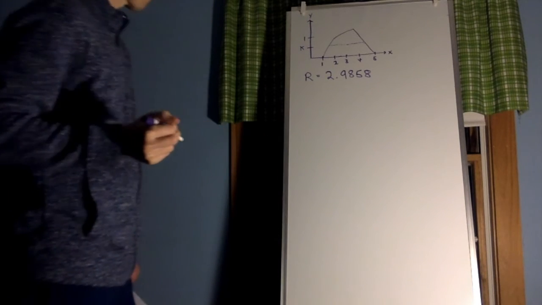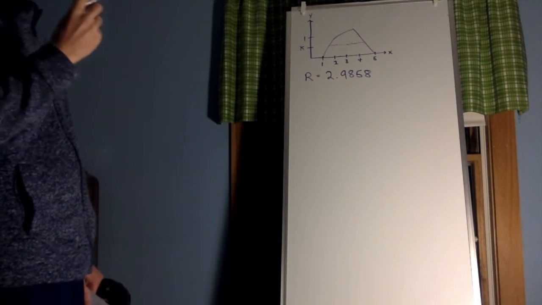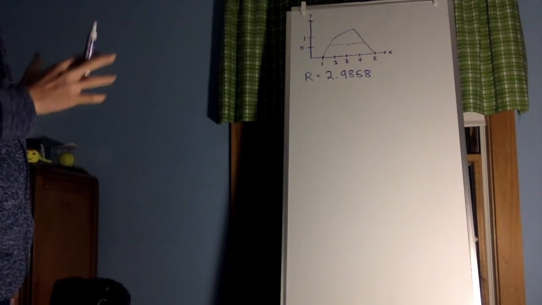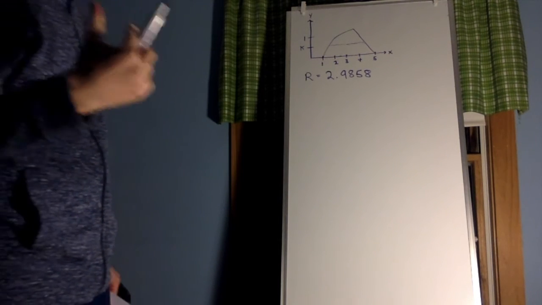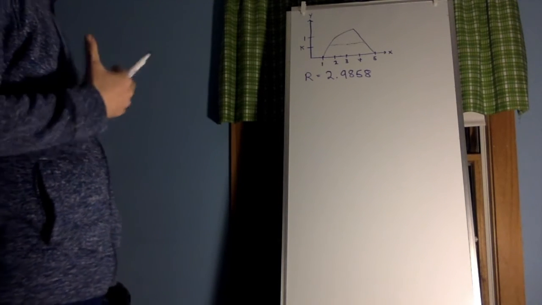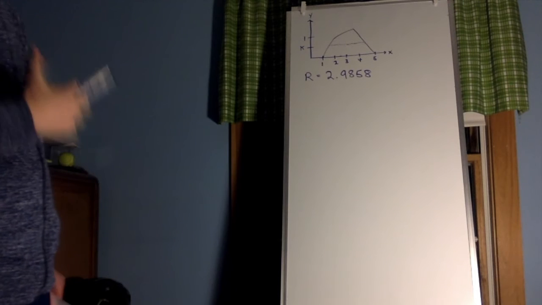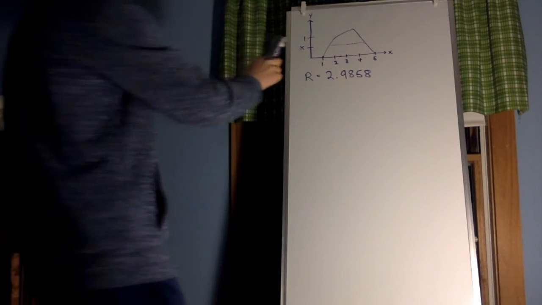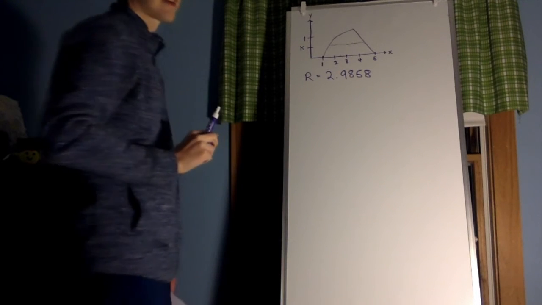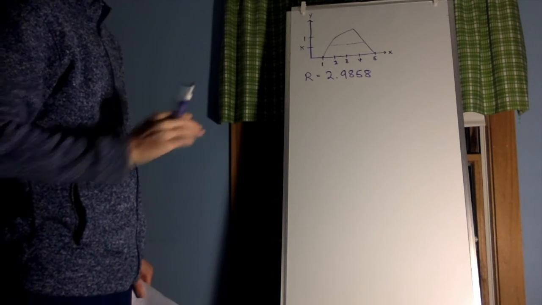Okay, so when we look at this problem, we could approach it in terms of x. In other words, we could go through some integrals in terms of x, but if we look at this problem right here, we should notice that that's very similar to a bound.